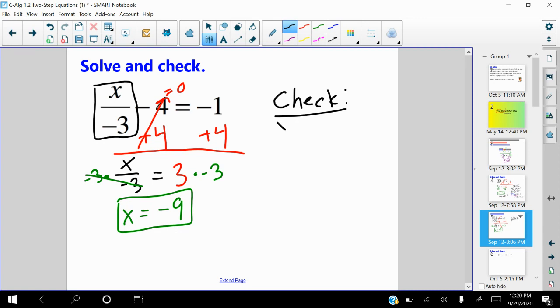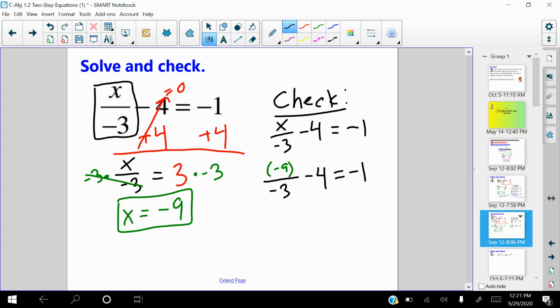Okay, we go back to our OG. We're going to substitute in the value of x. So I got negative 9 divided by negative 3 minus 4 is equal to negative 1. Let's think about our integer rules here.